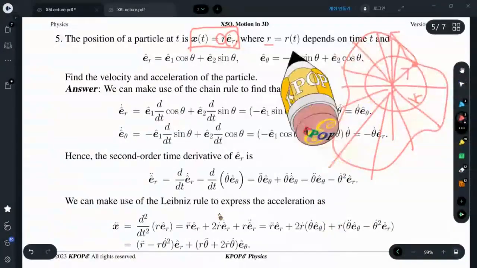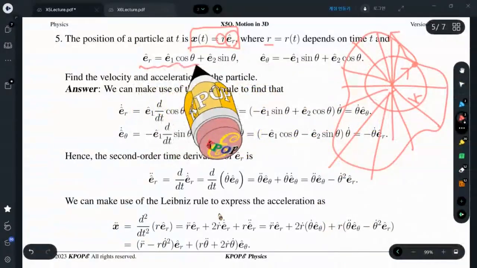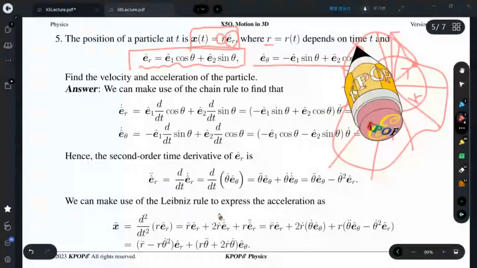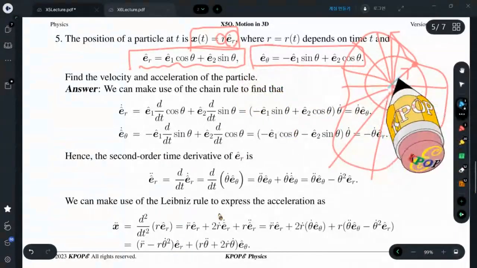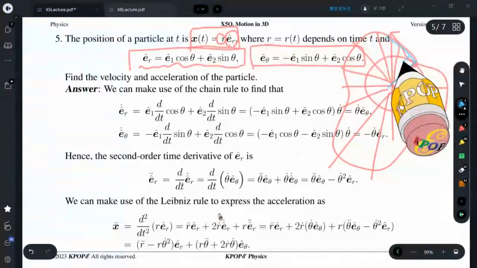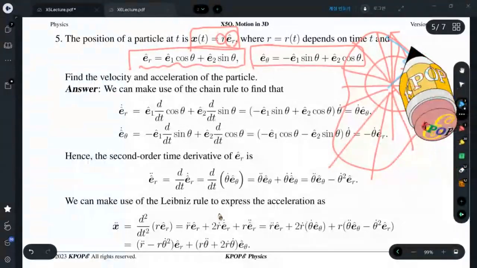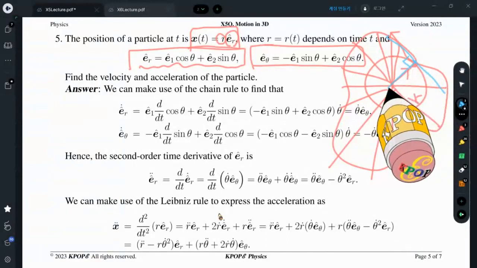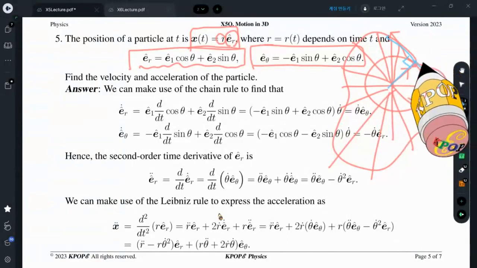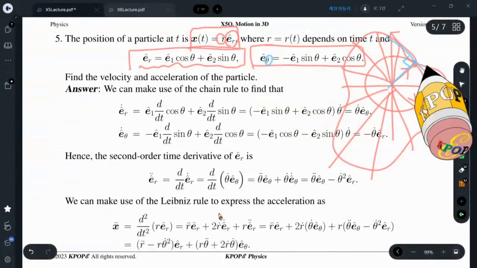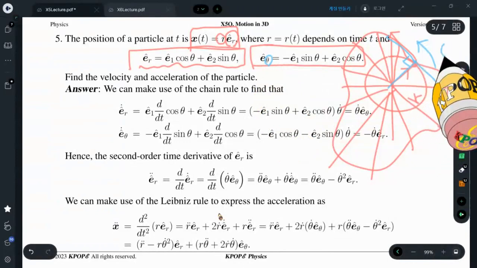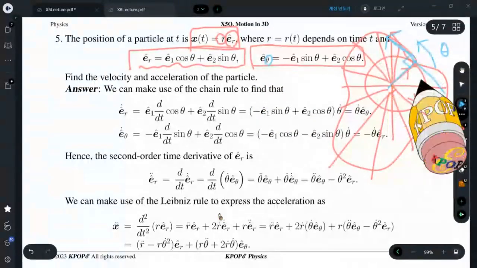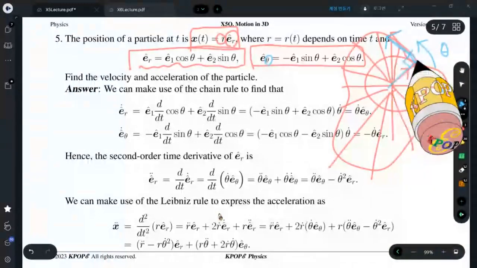Okay, so then we have a unit radial vector and we have a perpendicular vector. They are perpendicular. Any tangent to a circle is always making a right angle to the radius. And we take the direction increasing the angle theta. So the unit tangent vector can be expressed in this way.